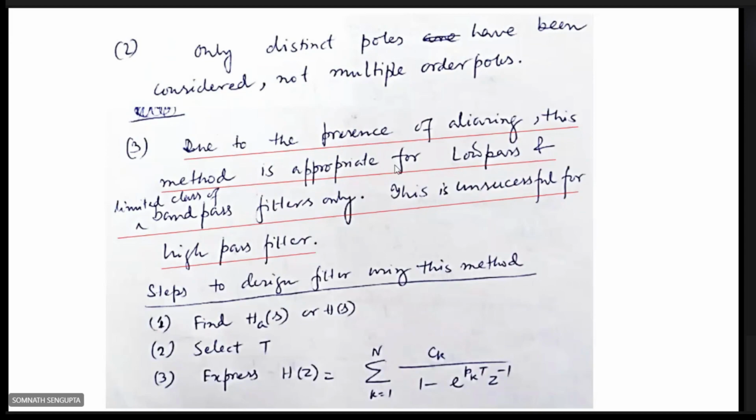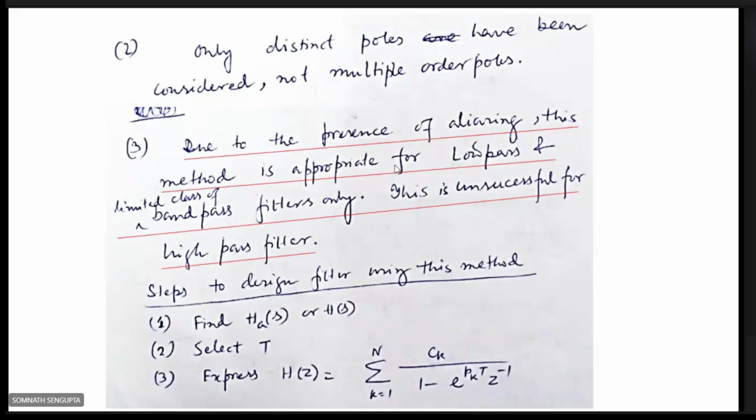This is another drawback. Due to the presence of aliasing, this method is appropriate for low pass and a limited class of band pass filters only, and it is unsuccessful for high pass filters. Because of aliasing, a high frequency component will be treated as a low frequency component.